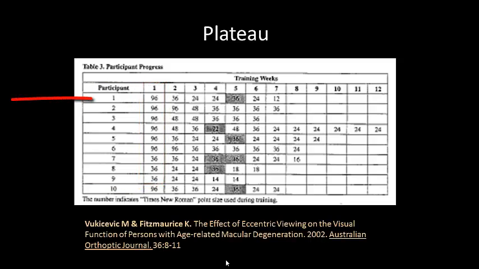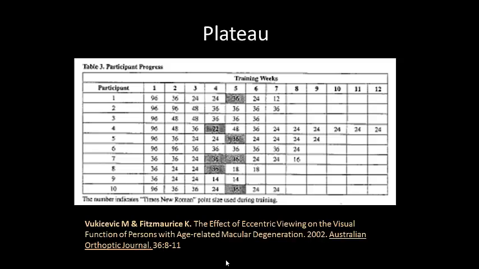So participant number 1 had a near print size of N96 font at the first training session. This improved to N36 at training 2. Then they had a further improvement at N24 at training sessions 3 and 4. These training sessions were approximately 1 week apart. In week 5, you'll notice that participant 1 actually regressed.